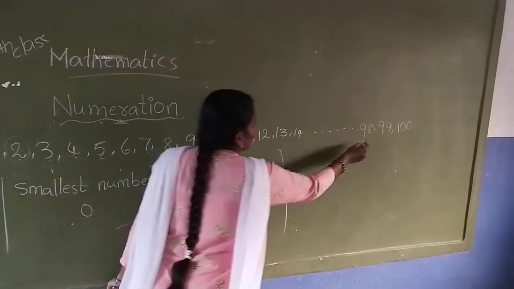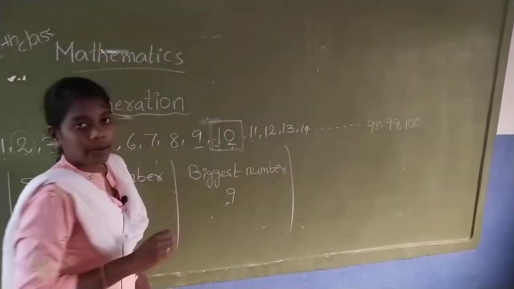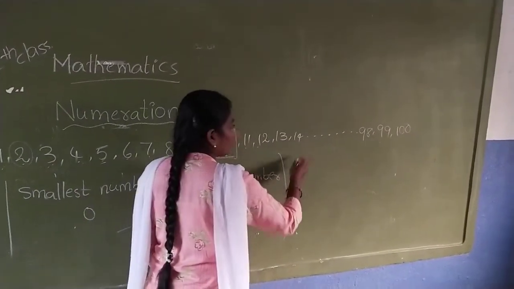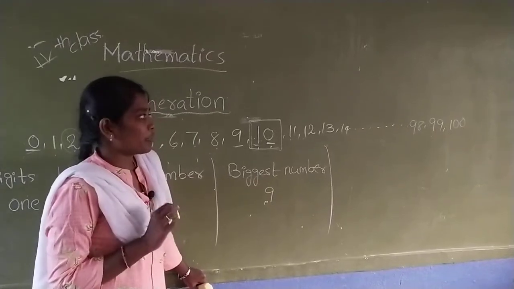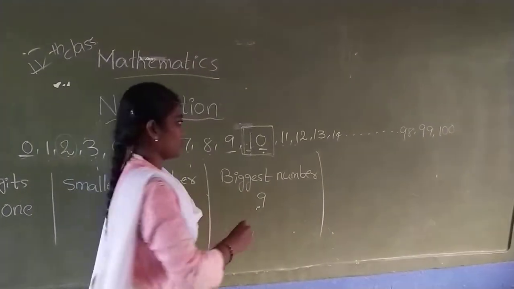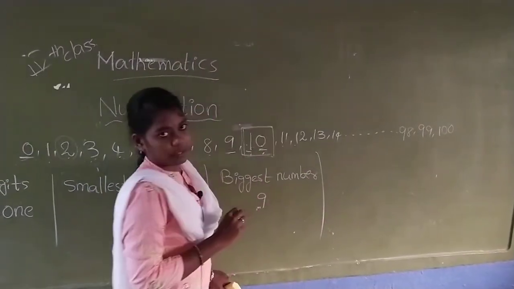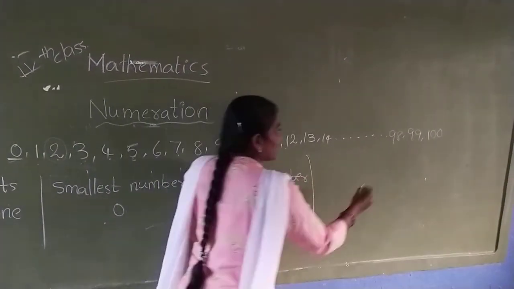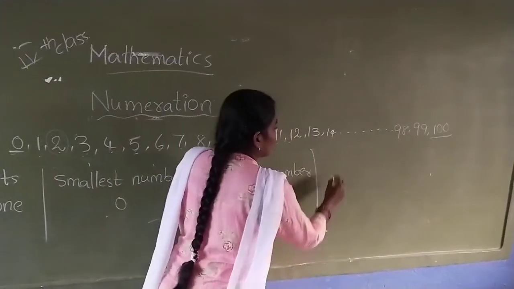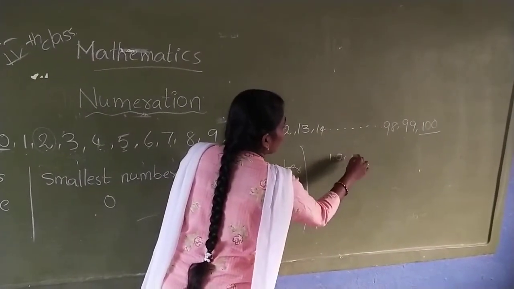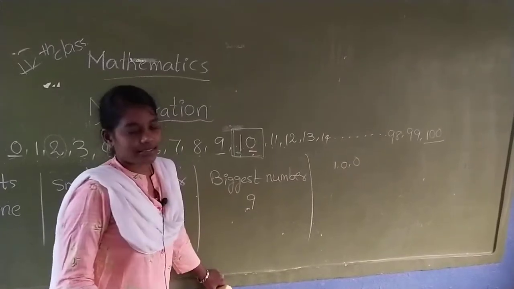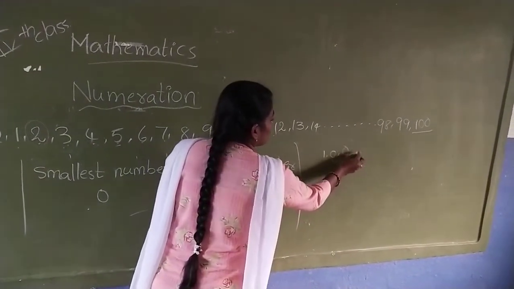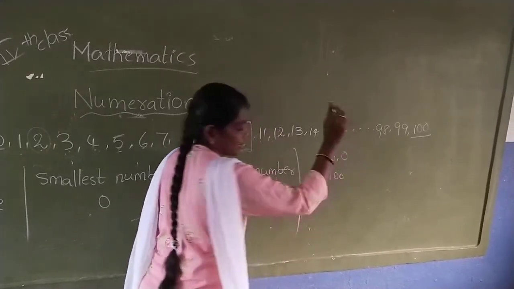From 10 to 99, these numbers have only two digits, so these are called two-digit numbers. After 99, 100. In 100 we have three digits. One is 1, second one is 0, third one is 0. So this 100 is called a three-digit number.